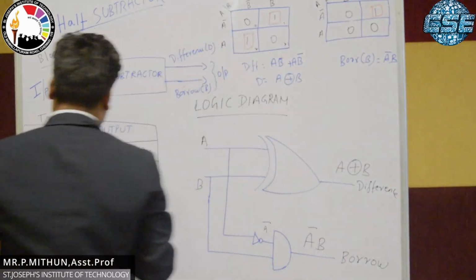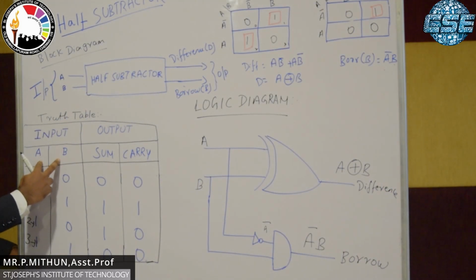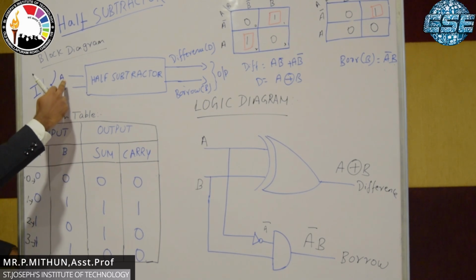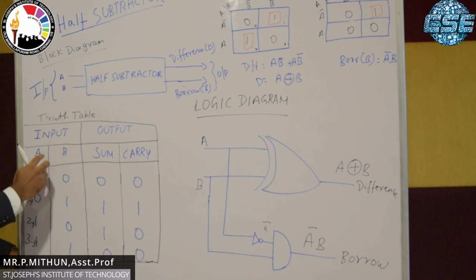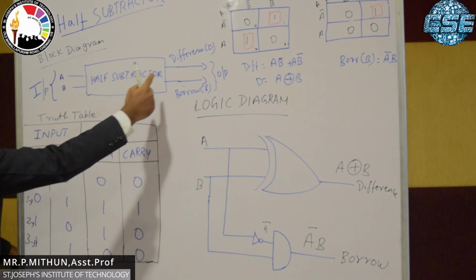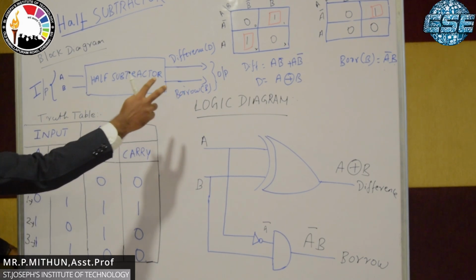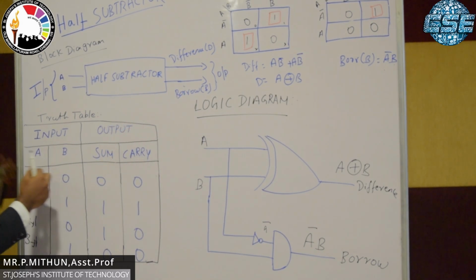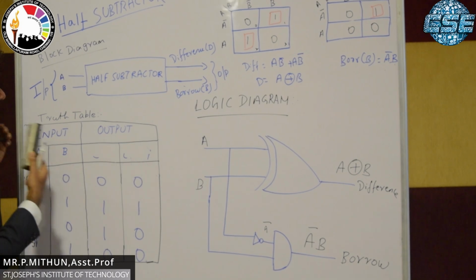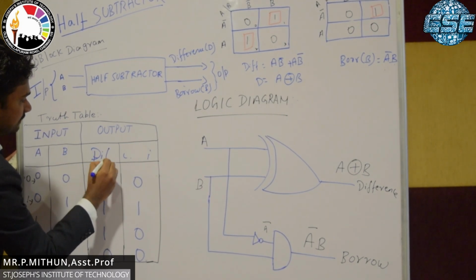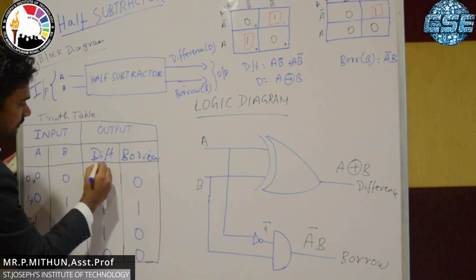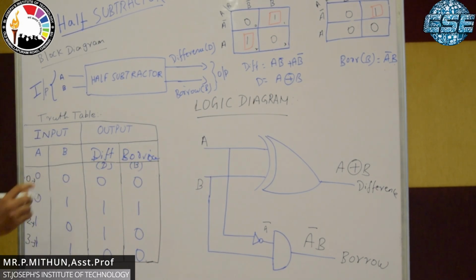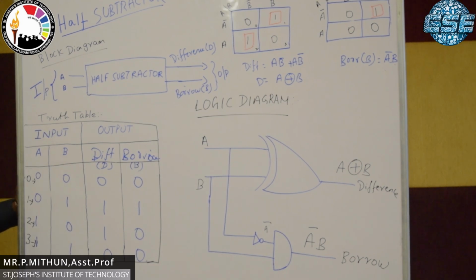So let's see the truth table. The same way, we want to take 2 bits. 2 bits means A and B are the variables, so the inputs are A and B. And the outputs are difference and borrow, which we denote as D and B. For these 2 bits, 2 power 2 is equal to 4, so there are 4 combinations, and it produces 4 outputs.